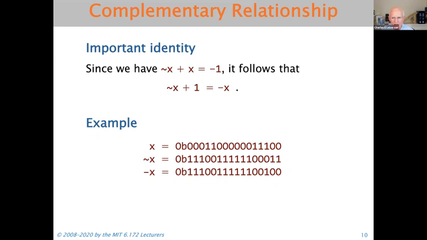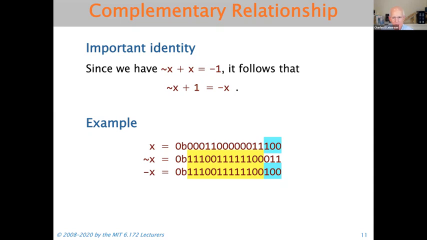Now we can look at this and see some patterns. Minus x is composed of the bits of tilde x up to the last 1 of x. The last 1 of x is the one that starts the blue in the top row there.